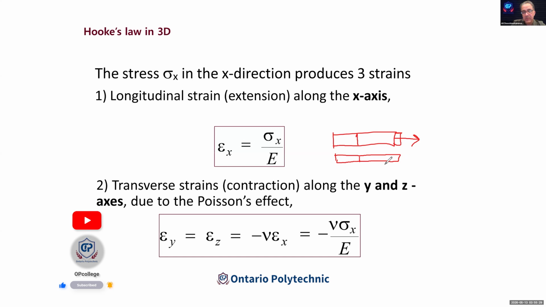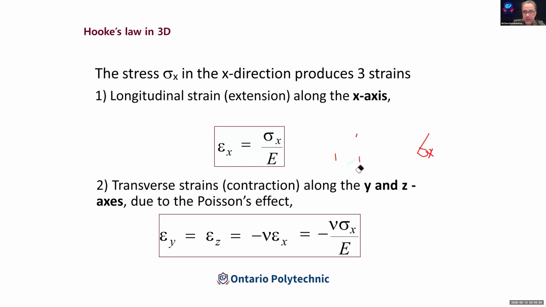And imagine if it's a 3D body or material, we have a strain in Z direction as well. All because of this sigma X. Stress is in one direction, but strain will happen in all three directions, X, Y, Z. And this is how we calculate strain.